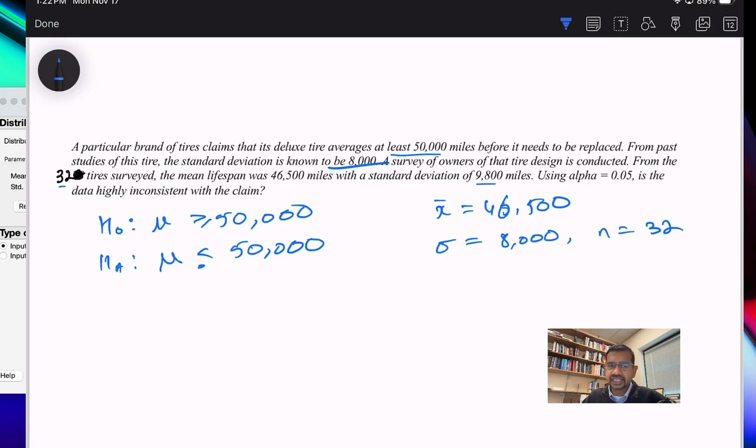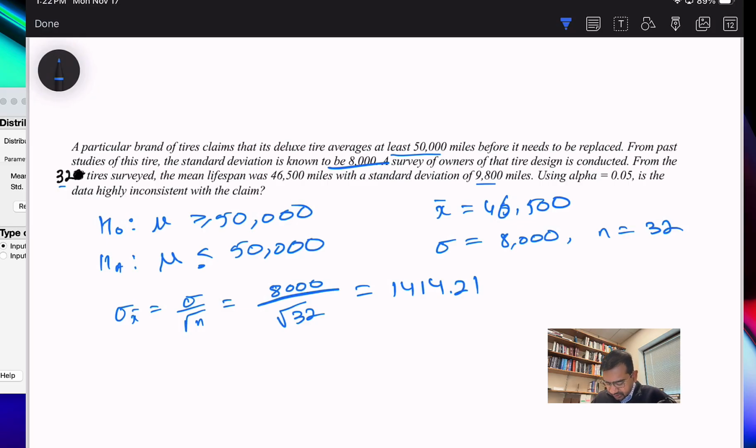We can first calculate the standard error of the sample mean, which is given by the population standard deviation divided by the square root of the sample size, which is 8,000 divided by the square root of 32, and this equals 1414.21. So this is our standard error.